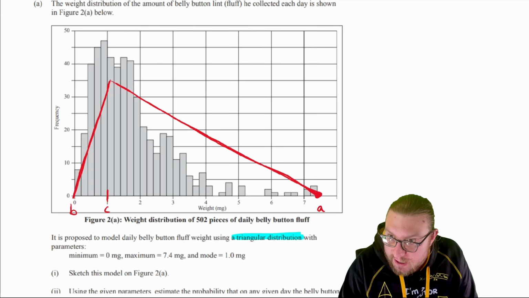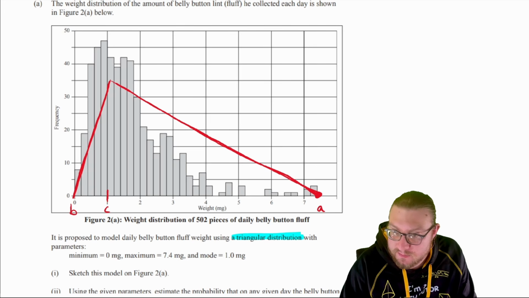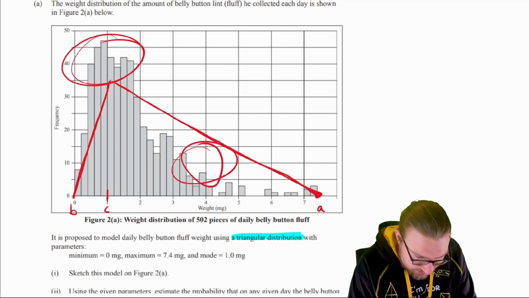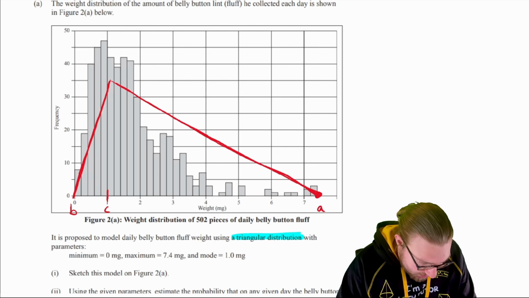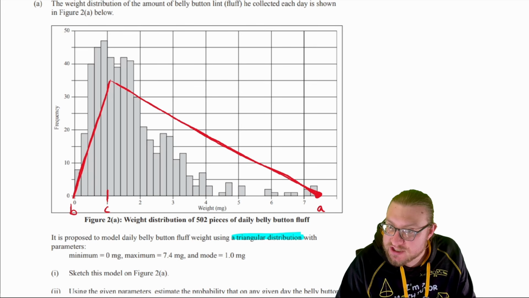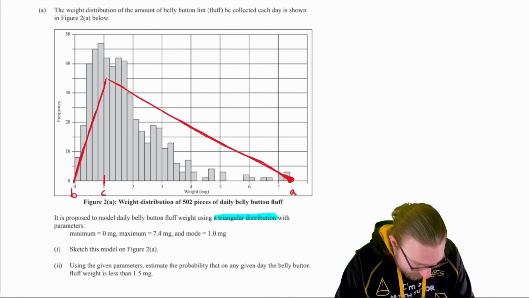We could have gone a little bit higher as well, but we don't want to go to the very highest one here maybe, because here we have now a little bit too much. Here we have some missing that maybe makes up for it. I guess that is all we need to just sketch it. That's the first part of our question. Let's zoom out a bit and do the second one.